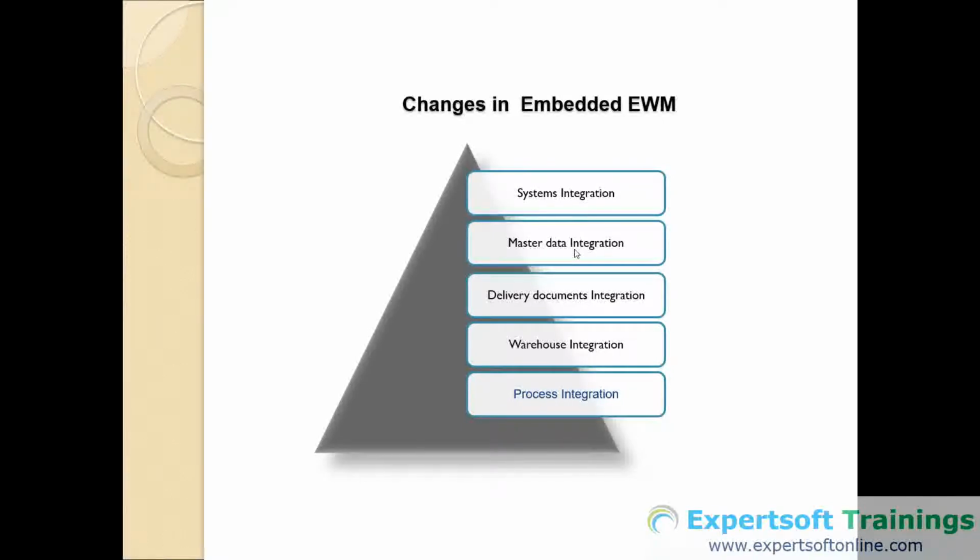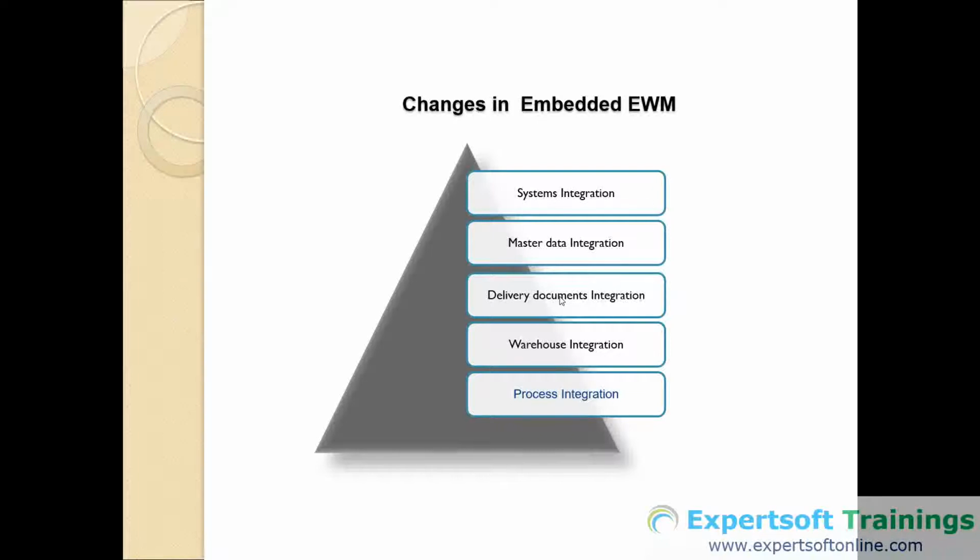Yeah. So we will be having a delivery number which will be generated even at the distributed level as well, right? At the EWM level as well. Yes, yes. So even though we have embedded EWM, we will have two documents generated, isn't it?